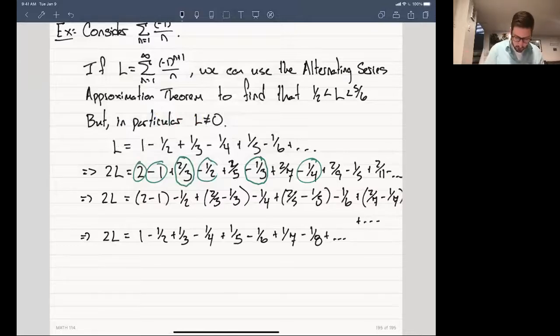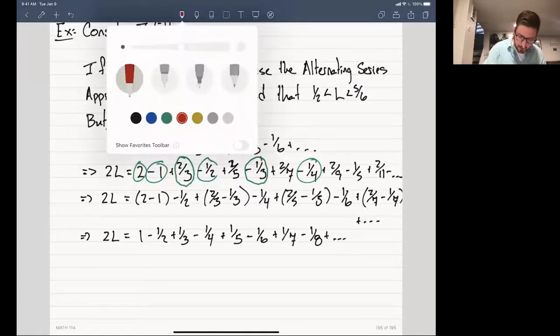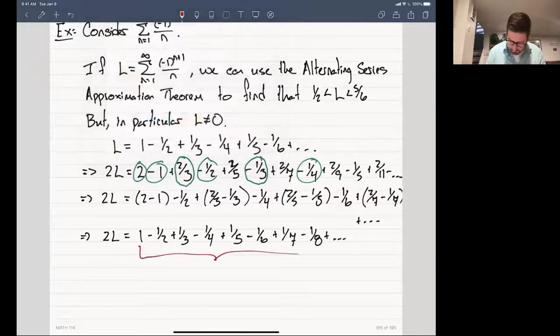Sure. Okay, that's fun. What happened though? I got the original harmonic series. This is the alternating harmonic series again.